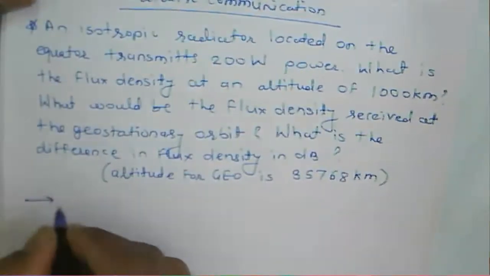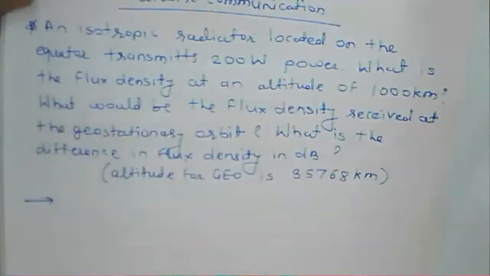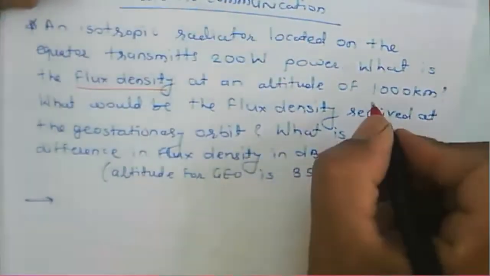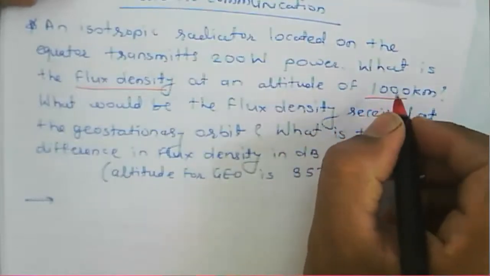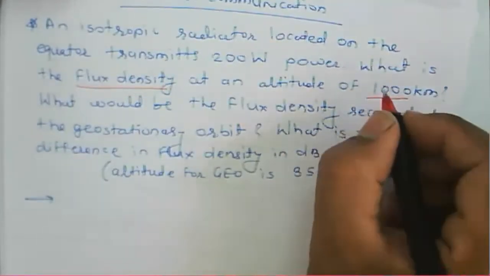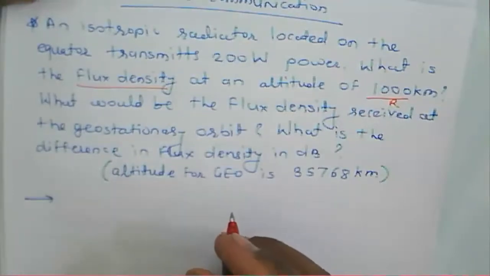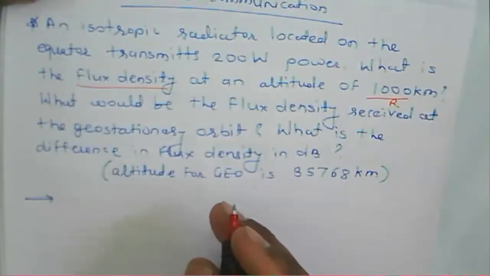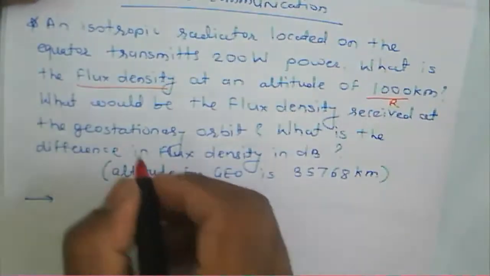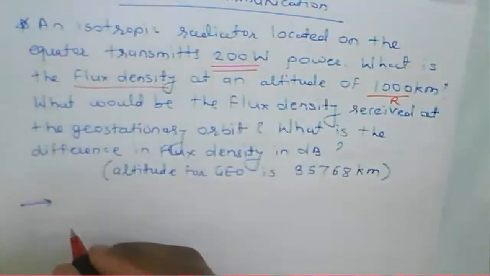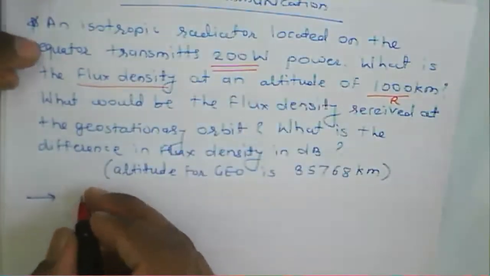Now our aim is to find out the power flux density at an altitude of 1000 kilometer. Means we have R is about 1000 kilometer and the transmitted power will be 200 watt.